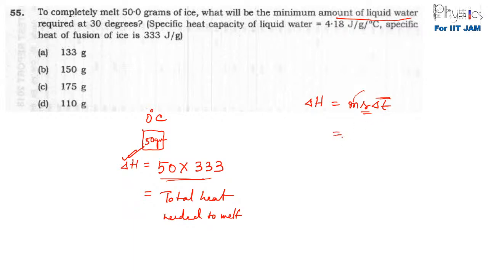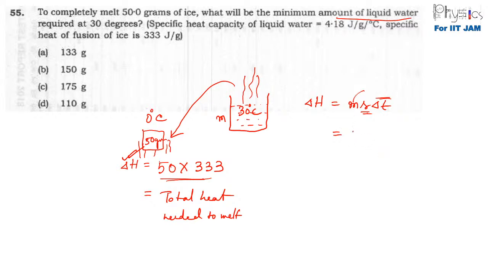That is, if the water is at 30 degrees Celsius and the mass of it is m and the specific heat is s, then the heat produced by it will be used to melt this ice.